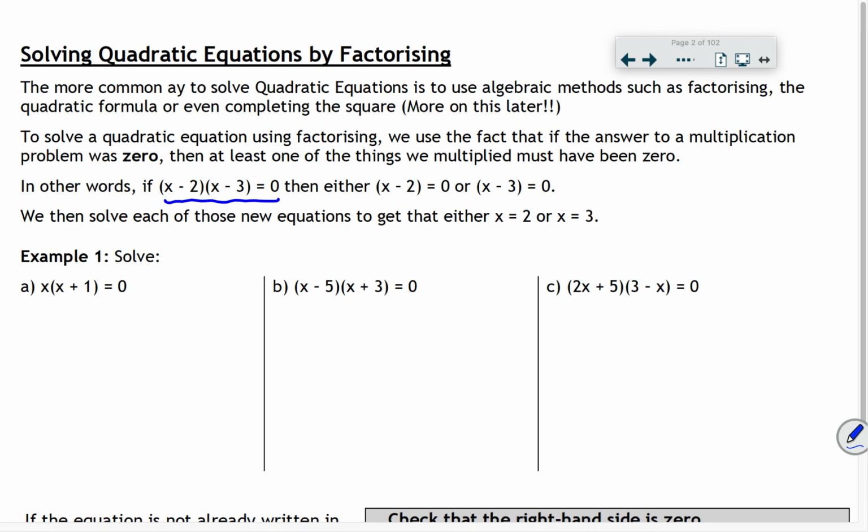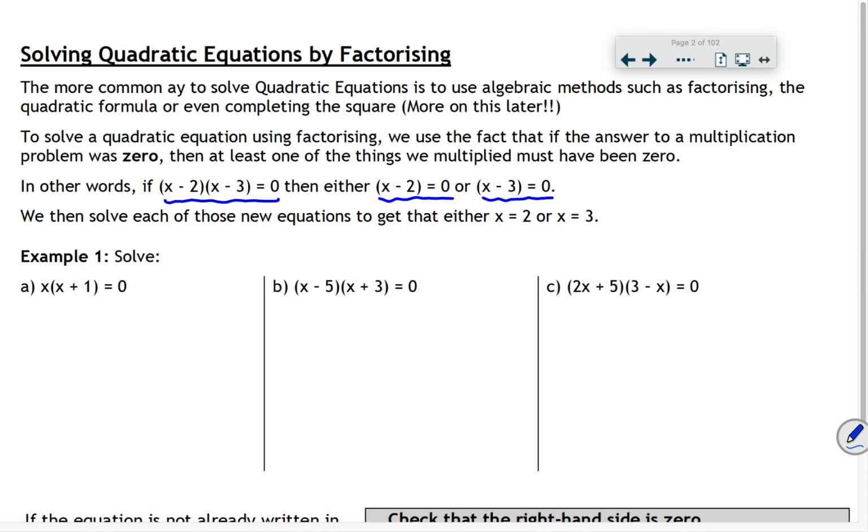So what this means is that in order for the right hand side to be 0, one of these brackets has to be equal to 0. So it's either going to be x minus 2 equals 0 or x minus 3 is equal to 0. It doesn't matter which one it is, we just set them both equal to 0 in order for that to work out. And then all we do is just solve them independently.